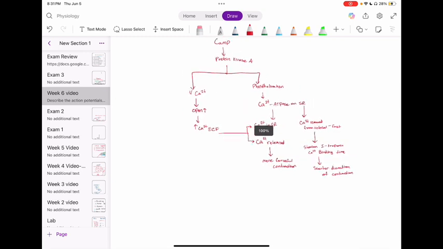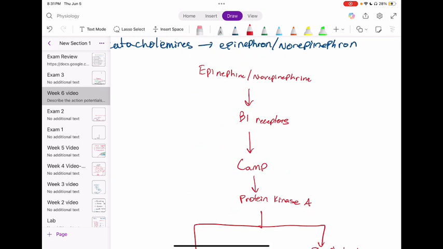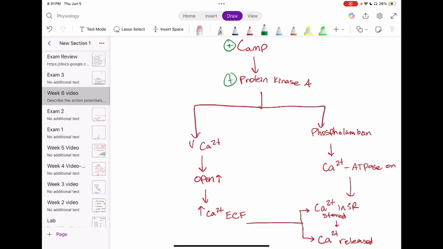Okay, so we'll walk back through that. As norepinephrine and epinephrine act, they bind to the beta-1 receptors, which activate cAMP. cAMP then activates protein kinase A, which opens up these voltage-gated calcium channels. They're open for longer.